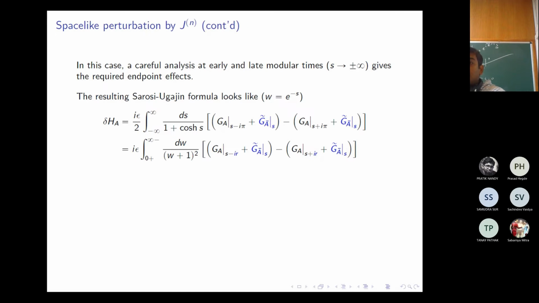And that formula becomes this. This is the first line. So if you write it as a sum of 2 terms, then it will be some G A at S minus I pi G A bar tilde at S, minus G A at S plus I pi G A bar tilde at S. And here we have used a different variable in the second line, W is e to the minus S.